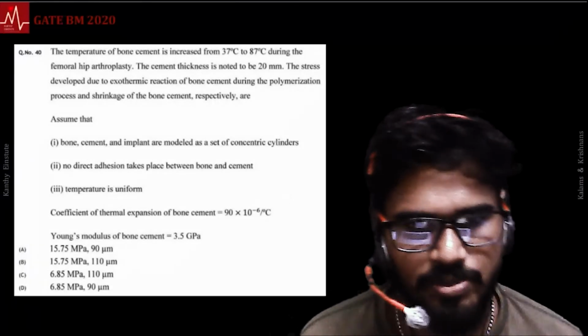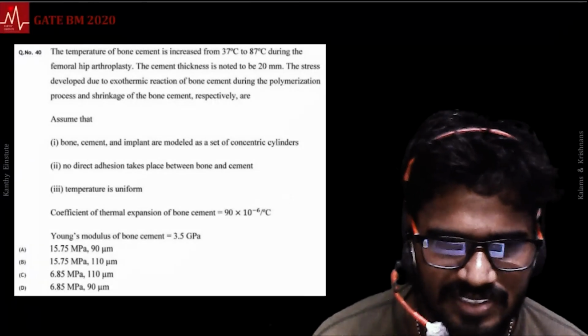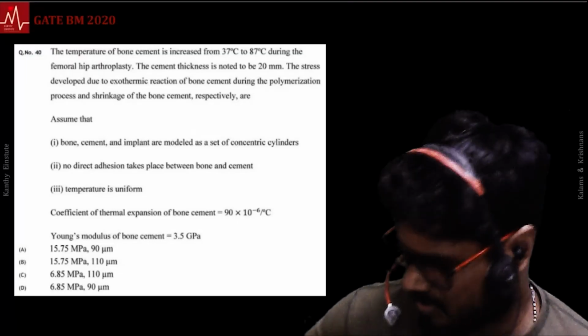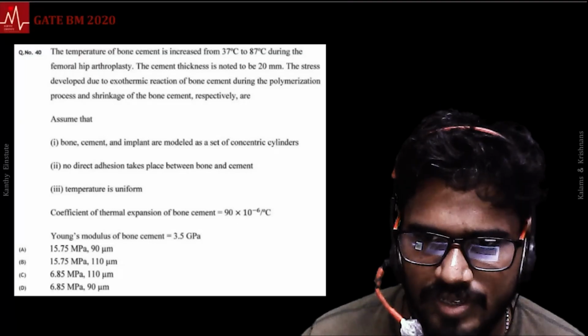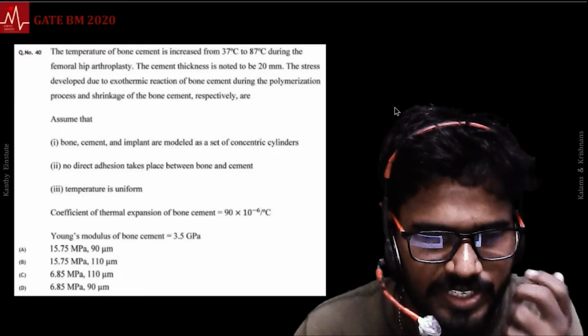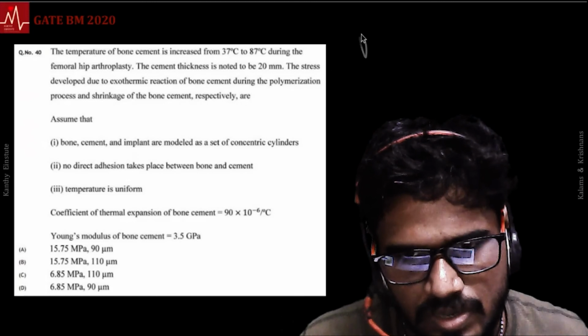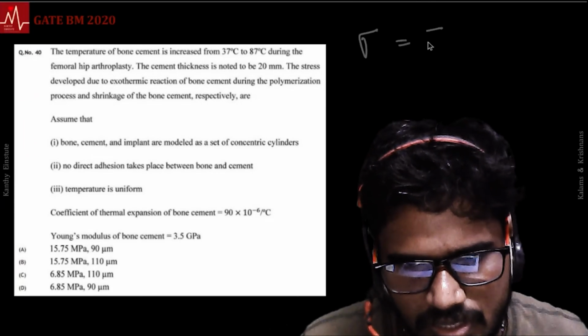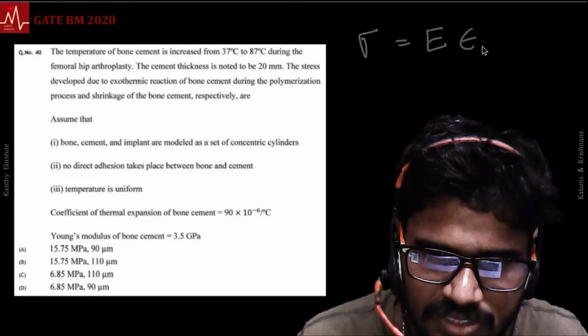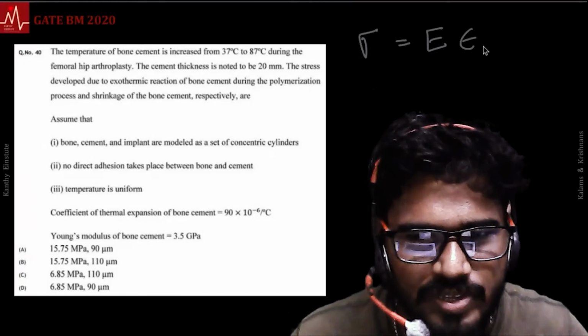Temperature of the cement is increased from, so the cement thickness is this. Actually this is a thermoelastic material, somewhat reasonably old. I don't want to get into the theory of this thermoelastic material. Very briefly, sigma is proportional to the elastic strain.